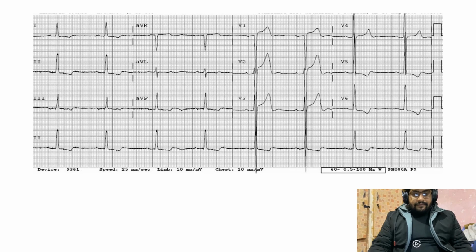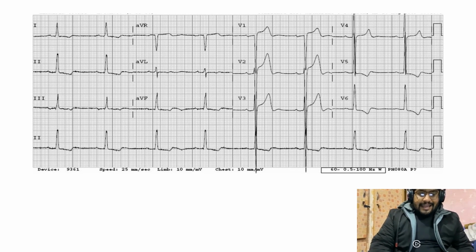Okay, so if you look at this ECG, we do not see any axis deviation. This shouldn't confuse you, because most of the times we will see axis deviation, but sometimes we won't see it. Our main point to focus on should be the R wave or the S wave in V2 or V5.